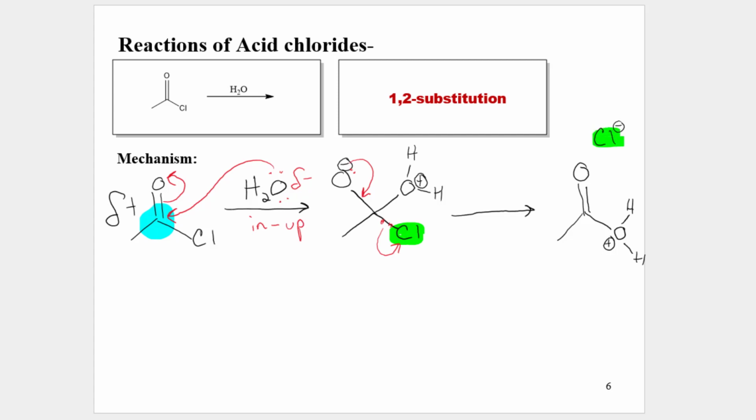Now, at this point, there's nothing more that we can do. You might say, well, can't water attack the carbonyl? Sure, water can attack the carbonyl. So I'm going to do an aside.